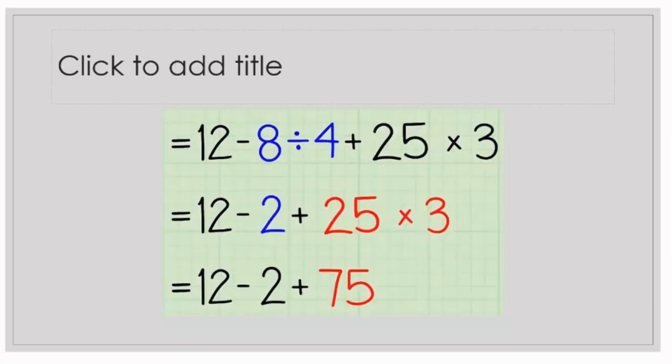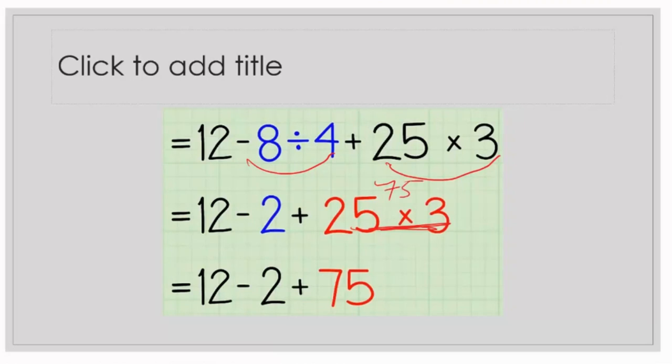Remember we say you start from left to right. I could have done these things simultaneously because they've got the same priority. So I'm going to do left to right, without this step, I could have had 75 here.